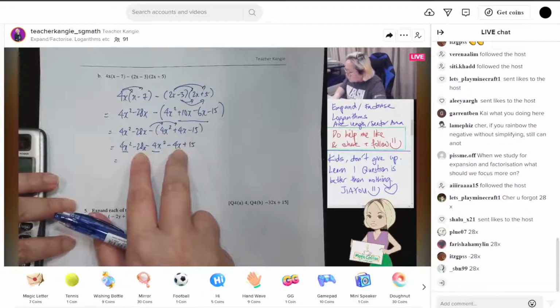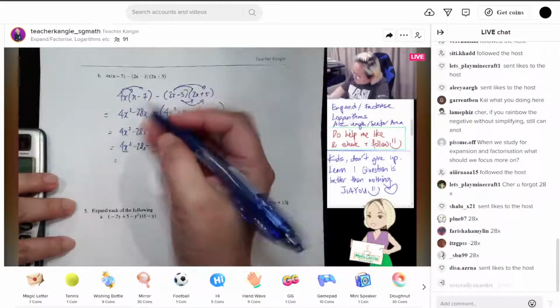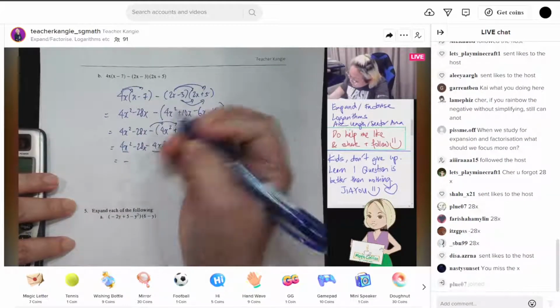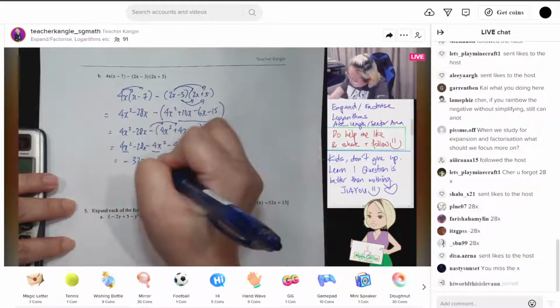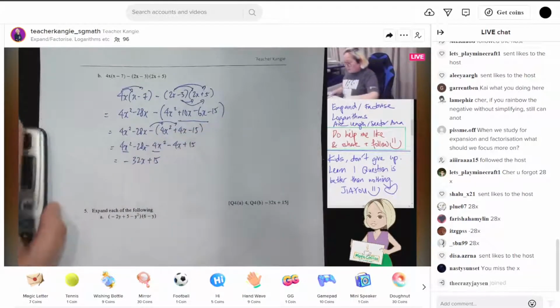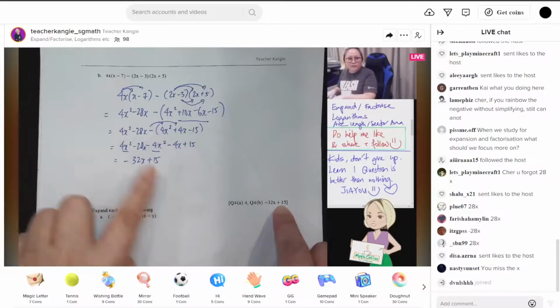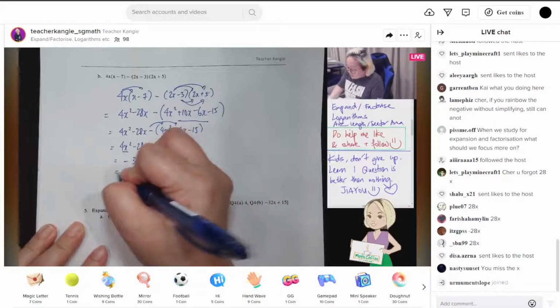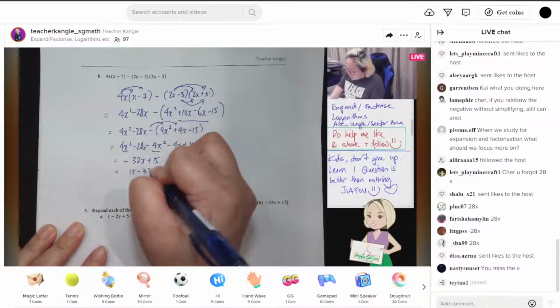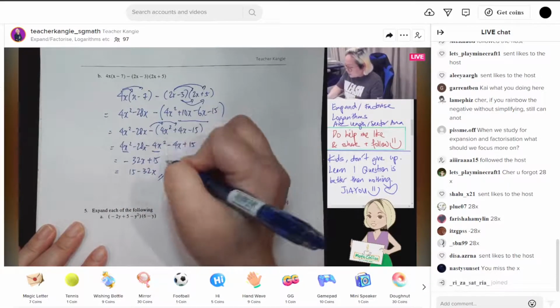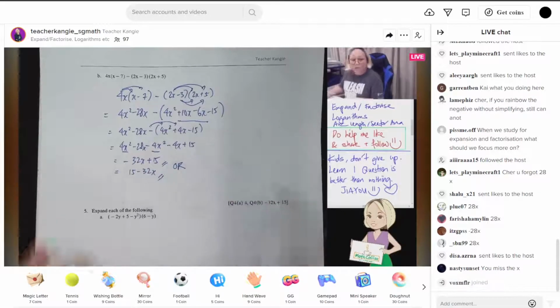Yes, this one is minus 28x minus 4x. So it's minus 32x plus 15. Okay, you can leave your answer in this form, but sometimes they don't like to have the first term as the negative. So you actually can rewrite as 15 minus 32x also can. Okay, you want to put this also can, so I put an or.